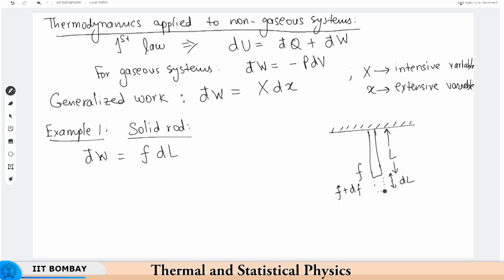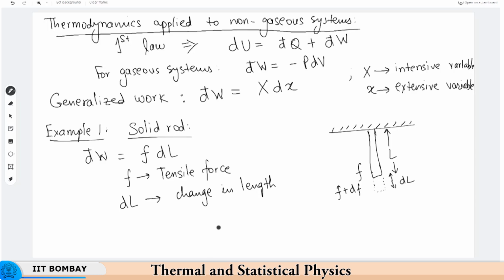This is the amount of work this force does to increase the length of the rod by an amount dl, and F is the tensile force, which is an intensive variable. Whereas dl is the change in length. So, F and L play the roles of capital X and small x for such a generalized force.